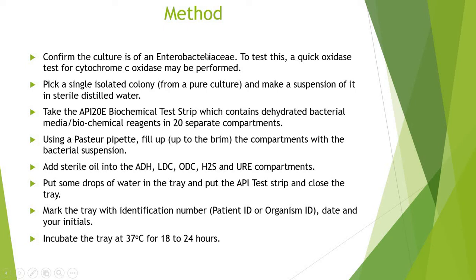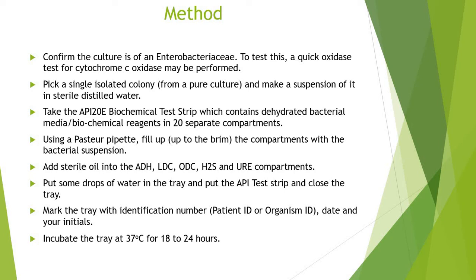To test this, a quick oxidase test for cytochrome C oxidase may be performed. Pick a single isolated colony from a pure culture and make an even suspension of it in sterile distilled water. Sometimes we use normal saline, but distilled water is recommended.